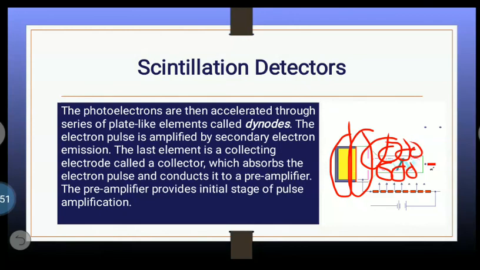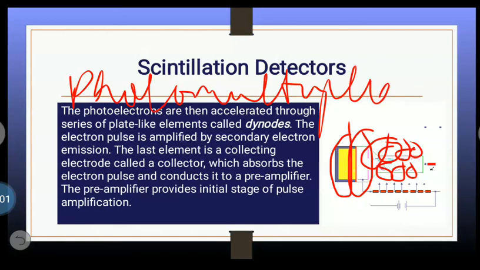That is why it is called a photomultiplier tube. From 1 electron to 2, 4, 8, 16, 32, and so on. The last collecting electrode is called a collector.